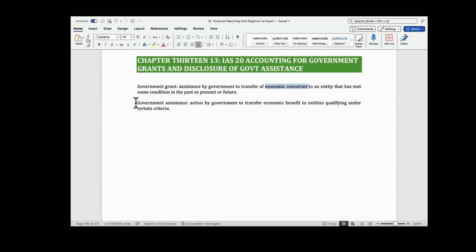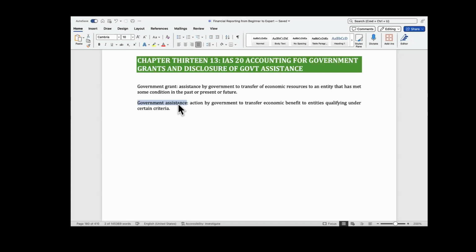But government assistance is also a grant, just that it's bigger than just grants. I mean, the government can say, okay, we think that in this industry you will need some technical assistance. You will need some training. We can assist you in this area.